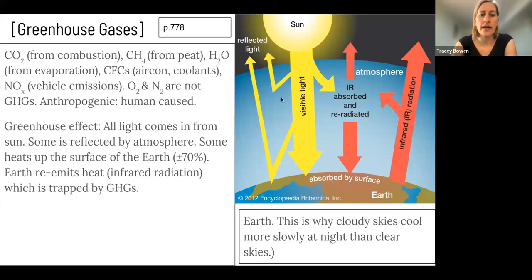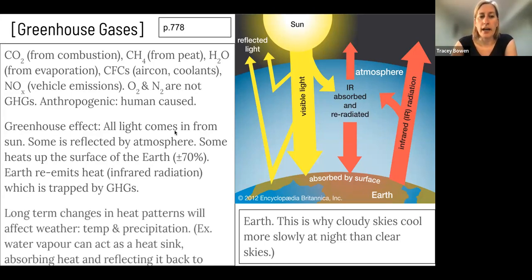And once that heat reaches the surface of the earth, it's going to heat up the earth, and that heat is re-emitted from the earth's surface as infrared radiation. That infrared radiation, long wave radiation, is trapped by greenhouse gases in the atmosphere and causes the atmosphere to warm up.